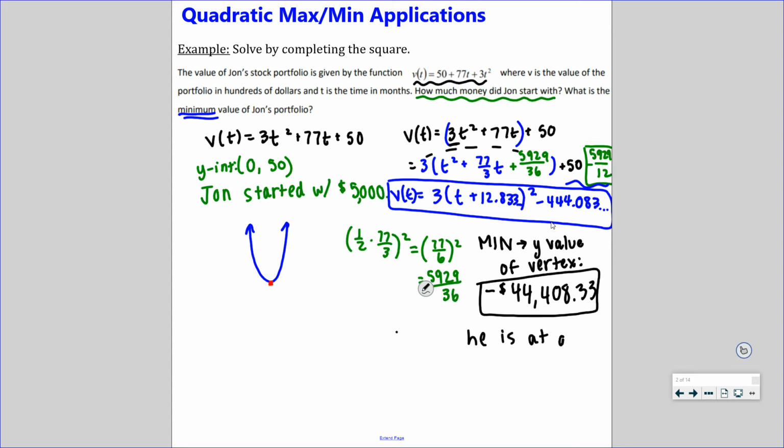Since we have negative. And that's the lowest value his portfolio would reach. Whew, hopefully it bounces back up. That's what parabolas do, right? Oh, it's a lot of money. He probably needed to start at more than $5,000.